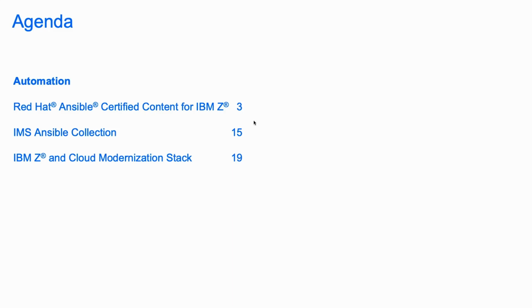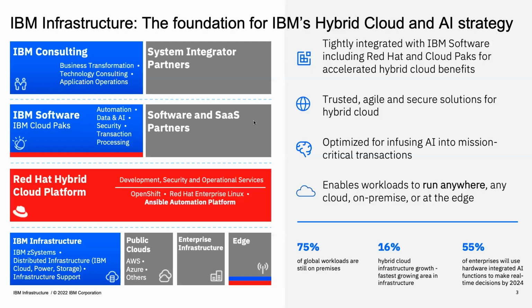All right, so let me get started. As I mentioned in my previous session, we see the importance of hybrid cloud, especially with our enterprise mainframe customers. Many of our customers throughout the years have adopted a lot of different technology.